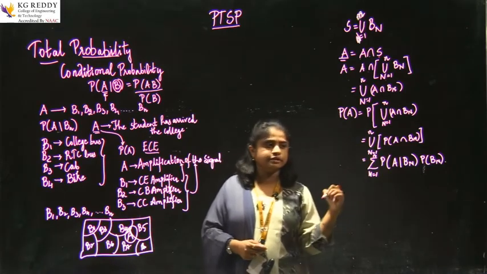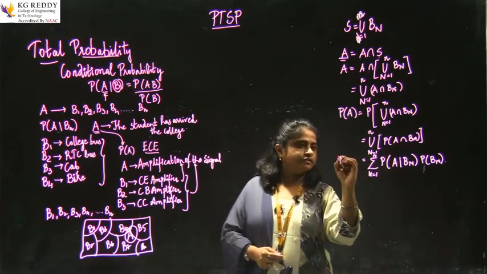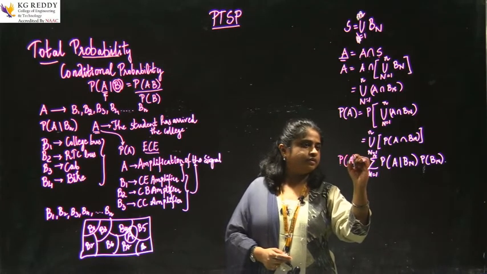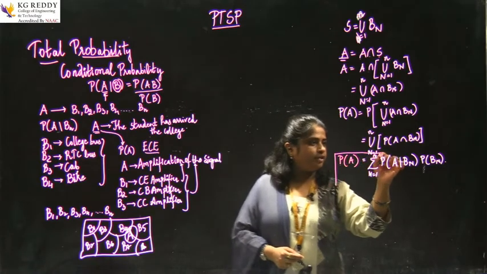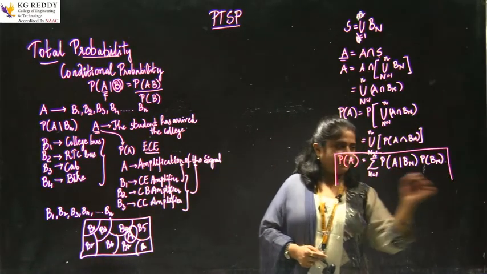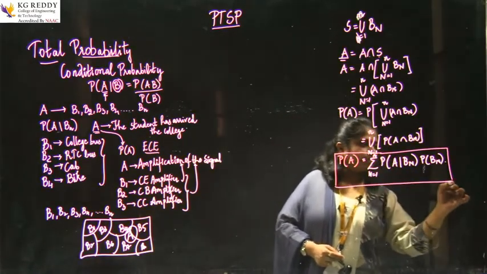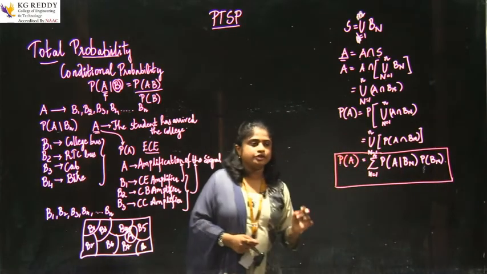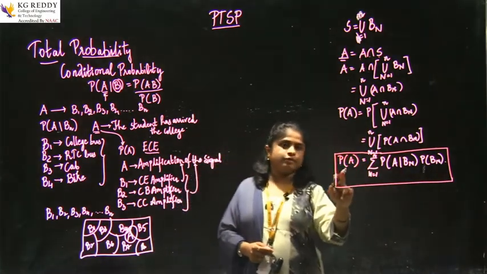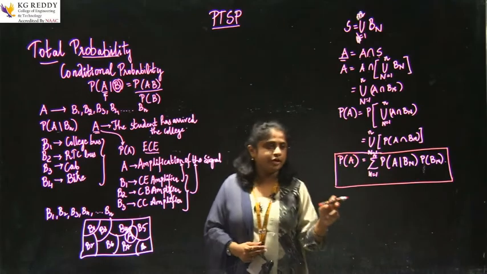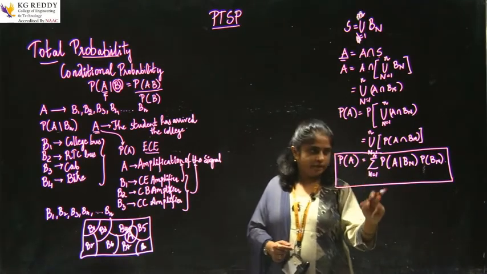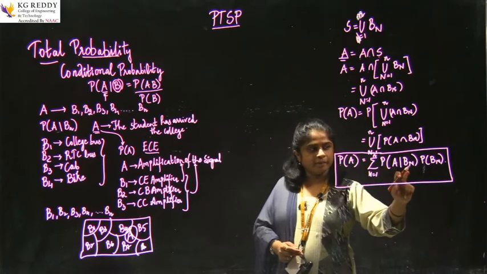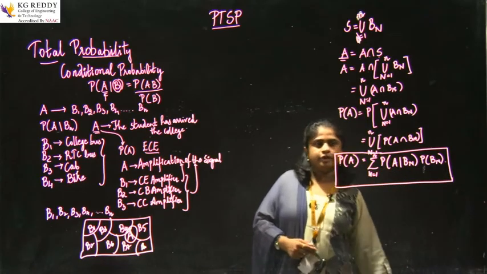This is the definition for the total probability of A. This is the complete definition. The total probability of A is given by the summation of n equal to 1 to n of probability of A by Bn into probability of Bn.